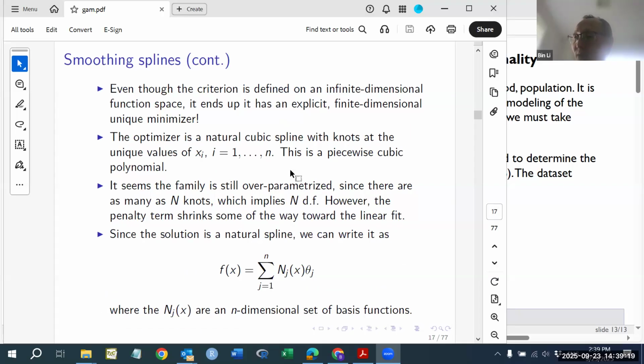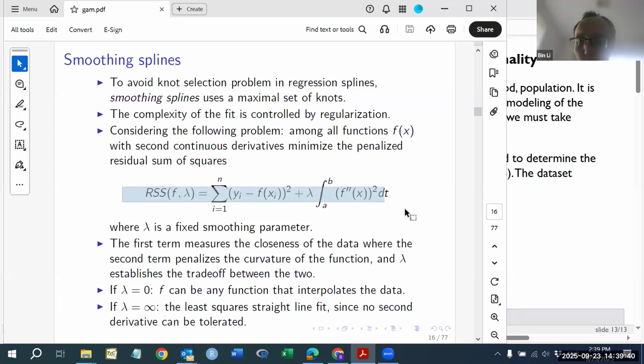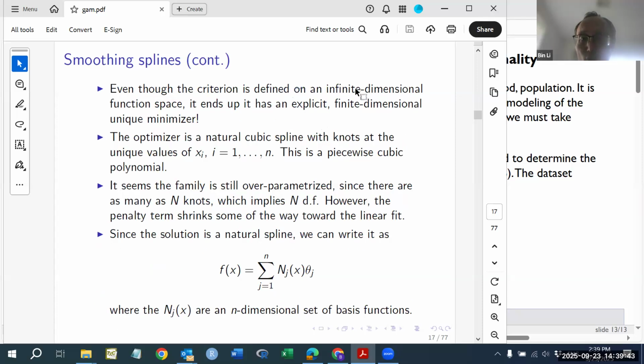However, it turns out that the solution for this optimization is extremely simple. We have a rigorous proof for that, and that proof is based on a very famous theorem called the representer theorem. The representer theorem shows that even though the criterion that we showed here is defined on an infinite dimensional functional space, it ends up with an explicit finite dimensional unique minimizer.